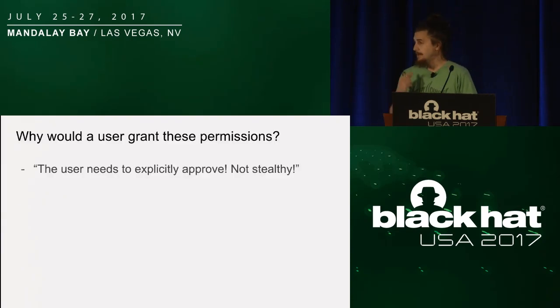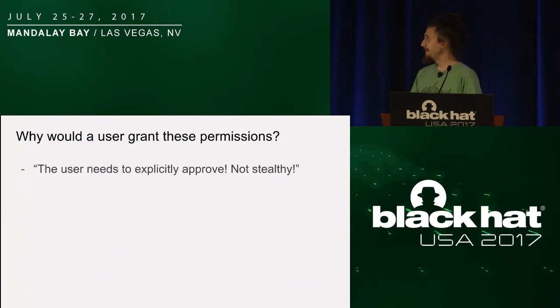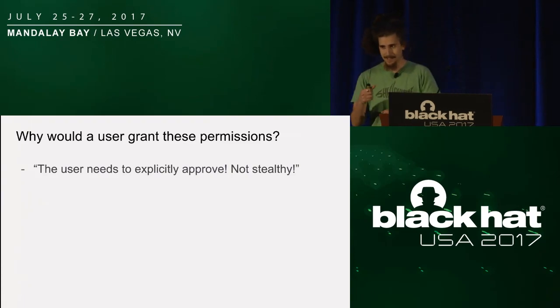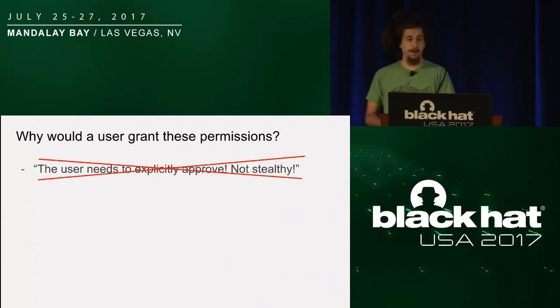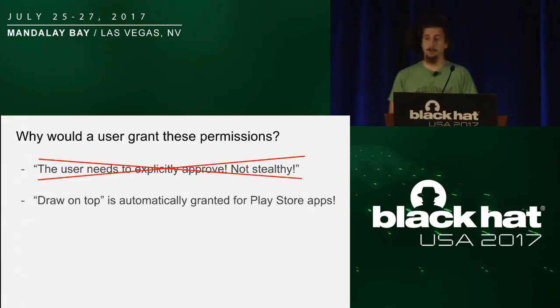Now, the question you might have in your mind is, why would a sane user ever grant these two permissions, right? If a user needs to manually enable this, it's not that stealthy an attack, it's not practical. Well, it turns out that's not the case. What we found is that the draw on top permission is actually automatically granted for applications coming from the Play Store.